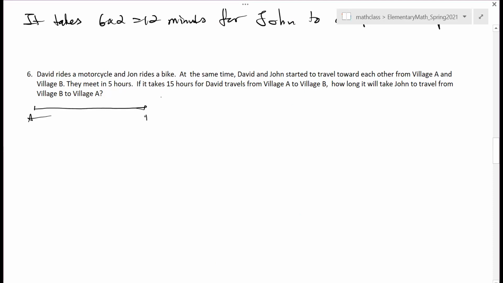Here's A and here's B. So they meet here, going in that direction. Now, if it takes 15 hours for David to travel from A to B, how long will it take John to travel from B to A?